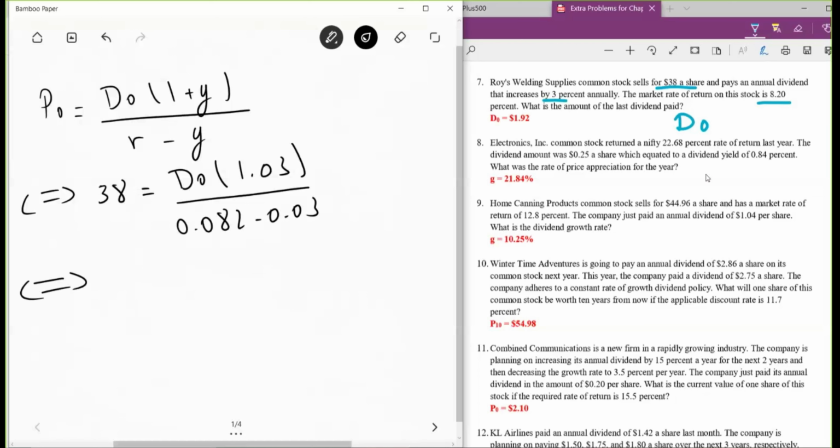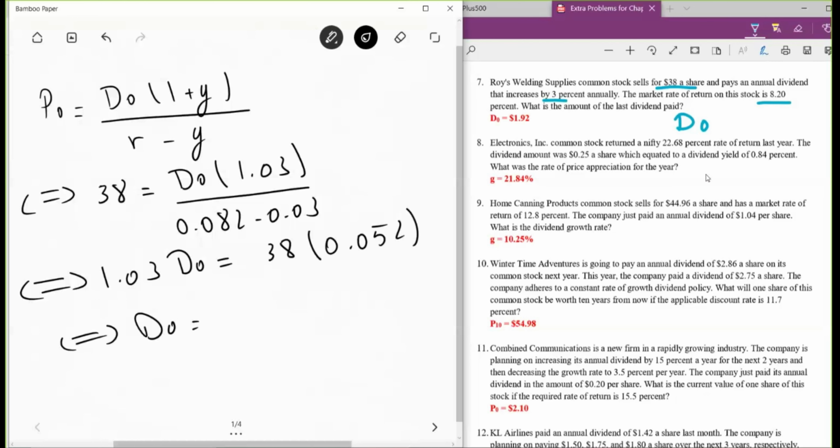So in this case, D0 equals 38 times 0.052 divided by 1.03, and the answer is $1.92.